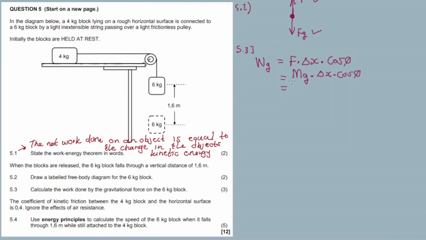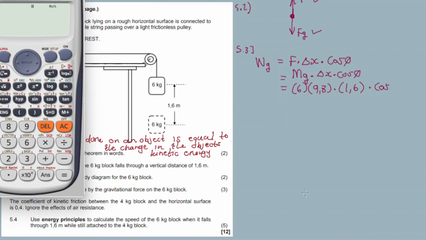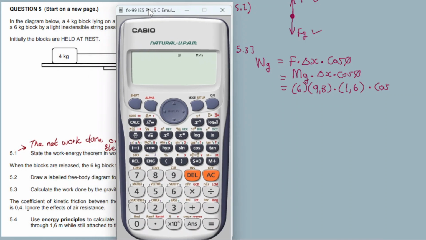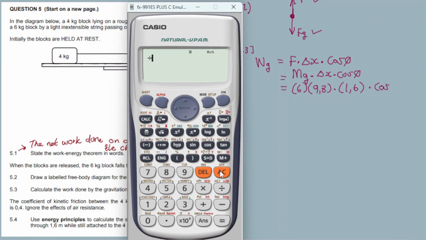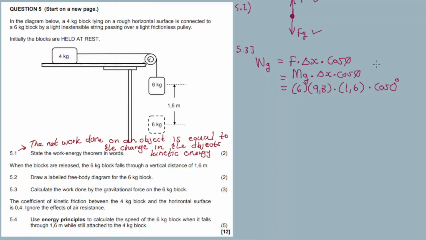The mass is 6, then 9.8, then delta x, the distance traveled, is 1.6. And with theta, give that some thought. Theta will be equal to 0 degrees.